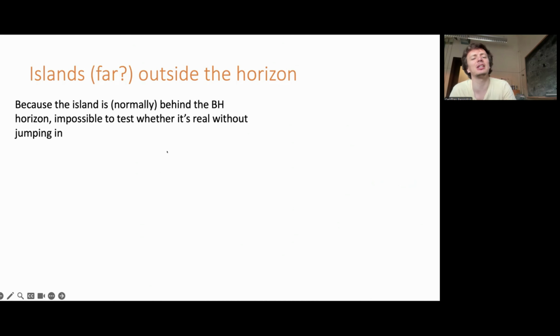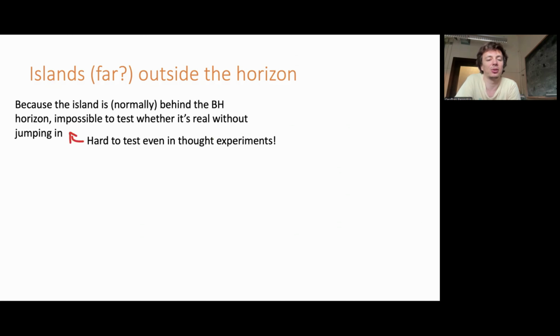So the point is that because the island is normally behind a black hole horizon, the obvious way to test whether it's real would be to send some probe in and then get the probe back and ask whether that region of space-time existed or not. But this is impossible because if we have to jump in to determine whether it's real, if we don't want to die, if we want to stay outside the black hole, we can't ever test this because we can't get any probe back out.